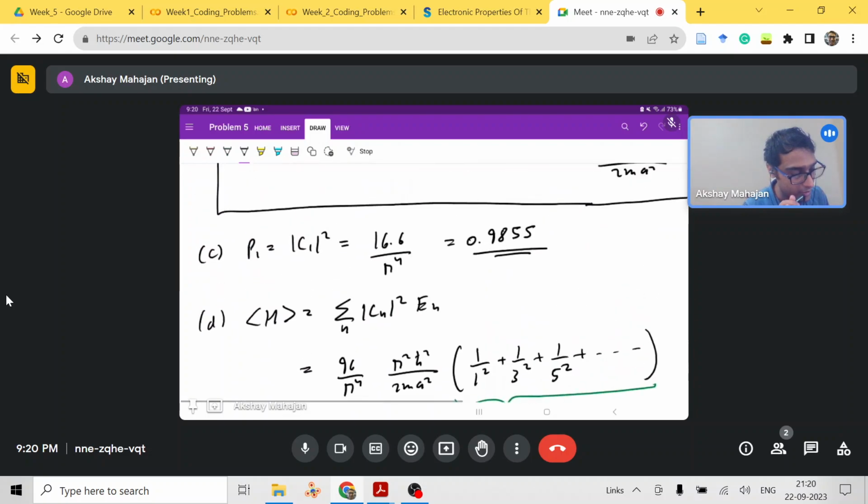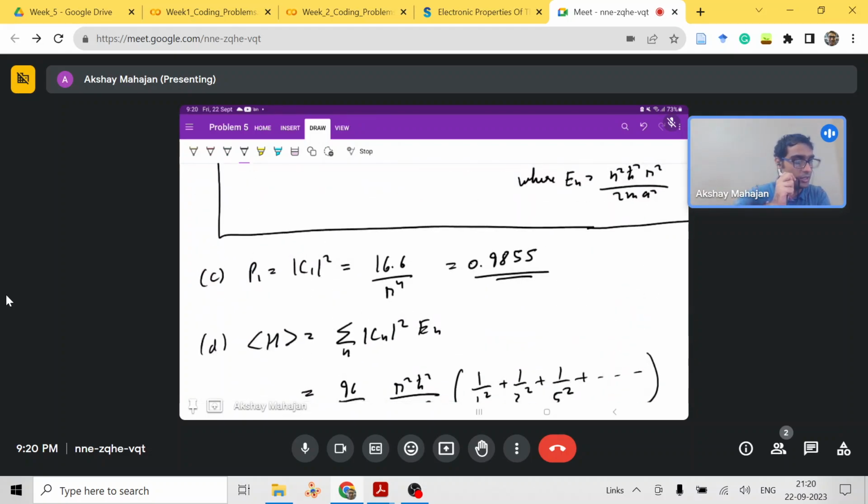That will be our expectation value. Although the ground state energy E1 is h-bar squared pi squared by 2m a squared, so the expectation value is larger than that value.